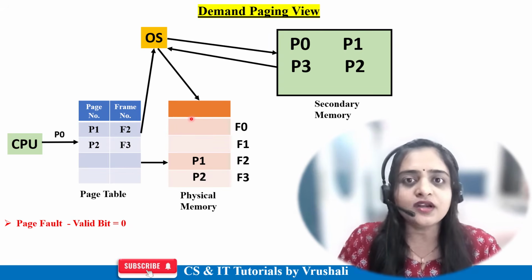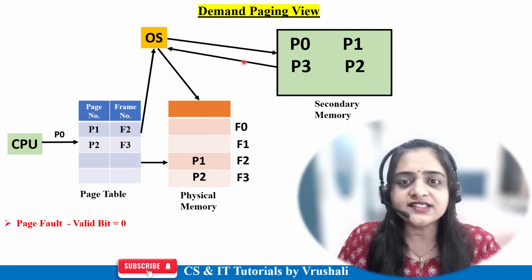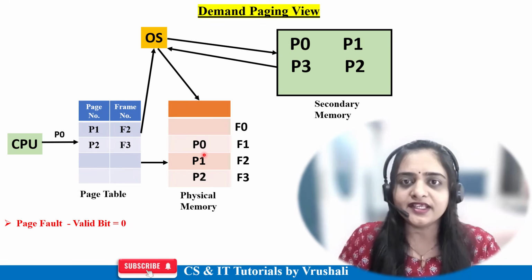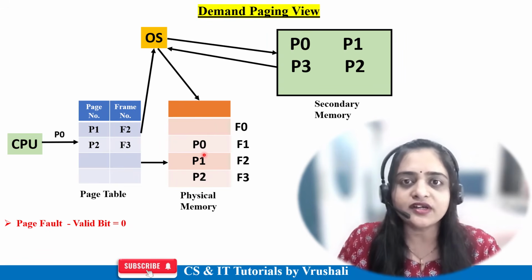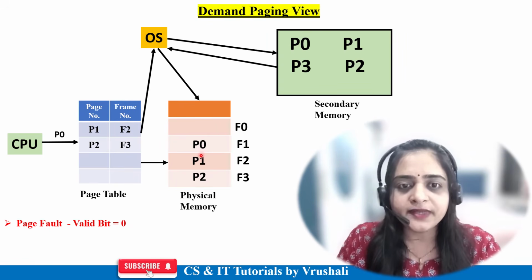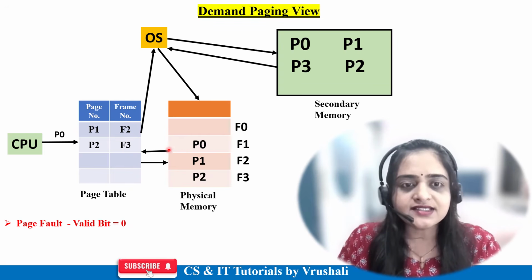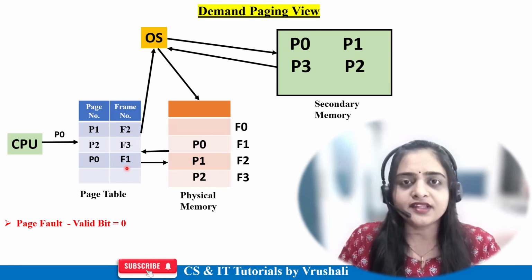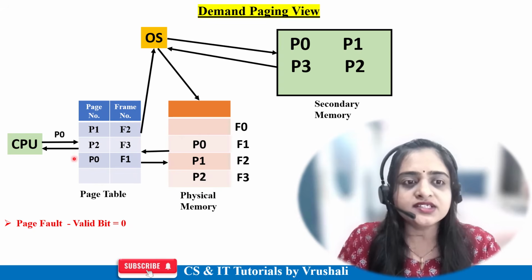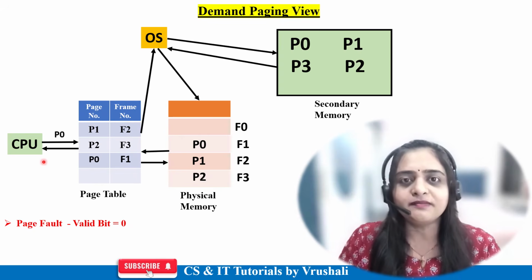Now the operating system takes this P0 page and loads it into your physical memory where a free slot is available. So the P0 page is loaded at frame 1. Now this data is updated in the page table, like P0 is present at frame F1, and this page is given to the CPU for execution.